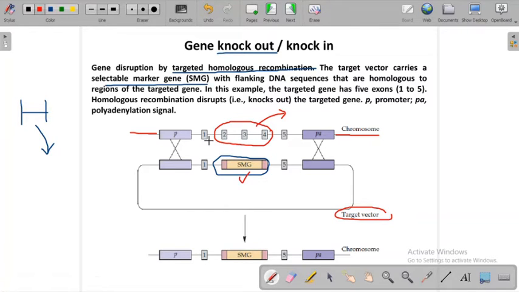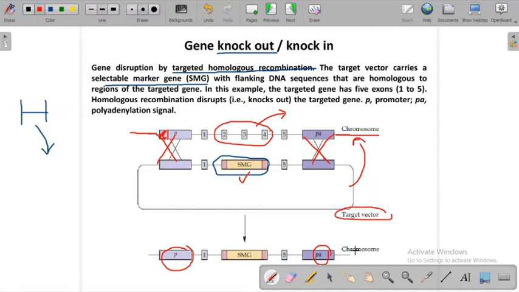There will be homologous recombination. Here homologous sites are there. There will be recombination of the target vector with the chromosome molecule. So what happened, we receive the promoter region attached to homologous binding site 1, then gene number 1, then our selectable marker gene, gene number 5, and the polyadenylation signal, meaning termination of the gene.